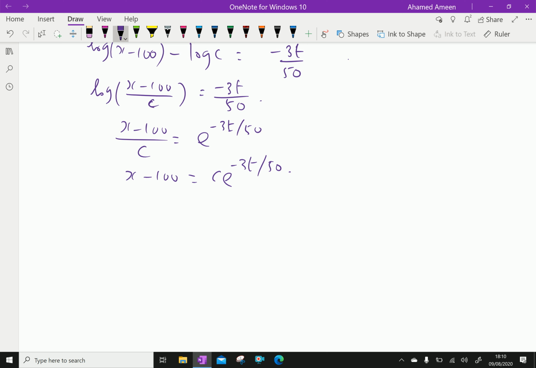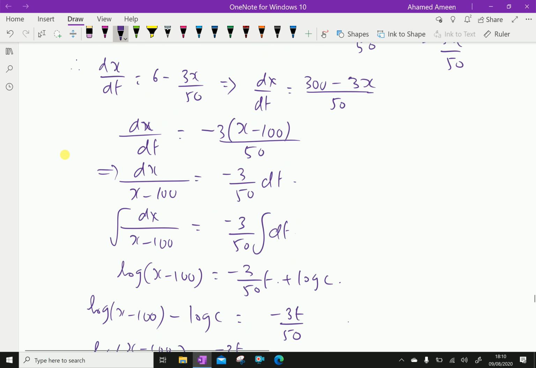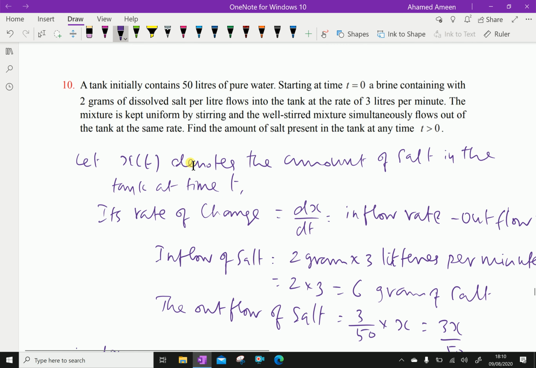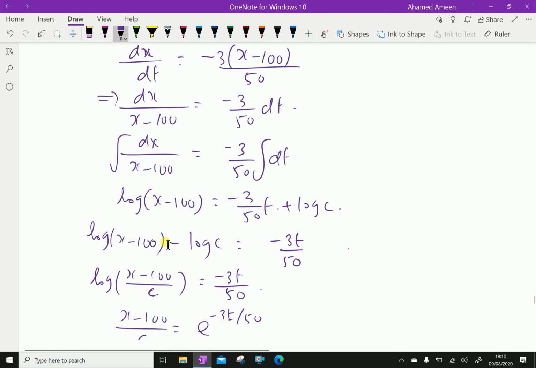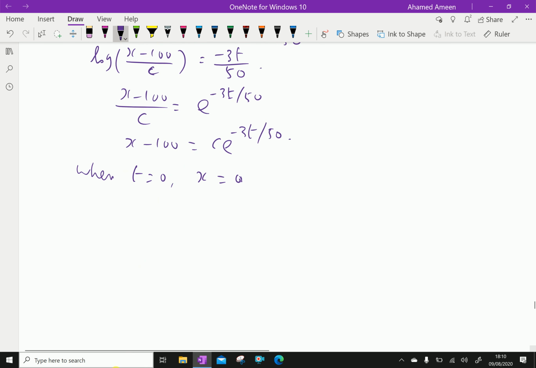When the condition t equals 0, the amount of salt is also 0, since initially the water is pure and there is no salt in this water.